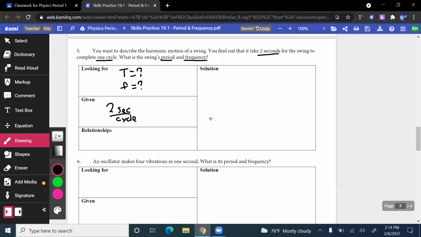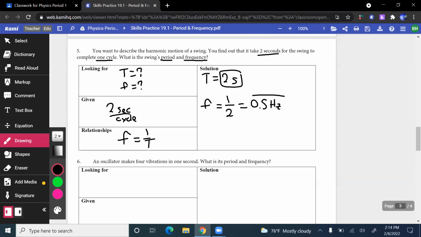Seconds goes with period, hertz goes with frequency, or cycles goes with frequency, or possibly vibrations also goes with frequency. So we're actually given the period of 2 seconds. We'll write that down. But we need the frequency, and we have to take the inverse of the period to do that. So 1/2 would be 0.5 hertz, or a half a cycle every second.